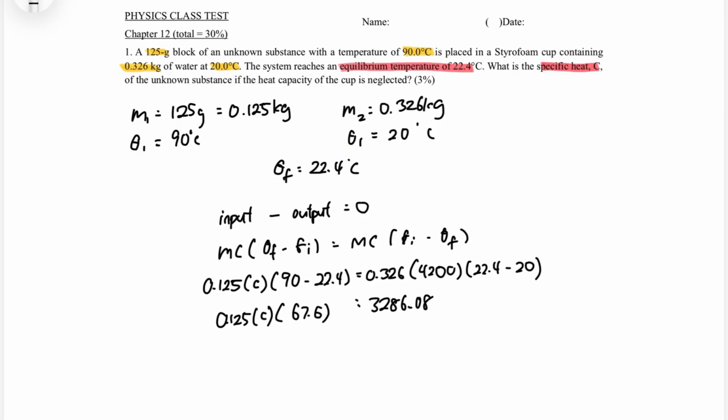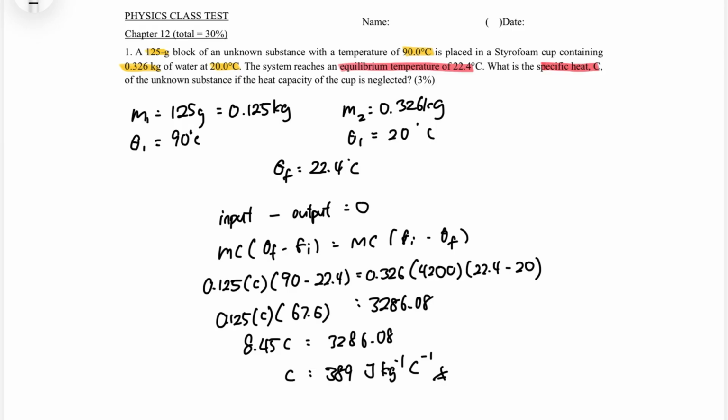So 8.45 c equals 3286.08, and the specific heat capacity will be around 389 joule per kg per degree Celsius, J kg^-1 °C^-1. So this is your answer for the first question.